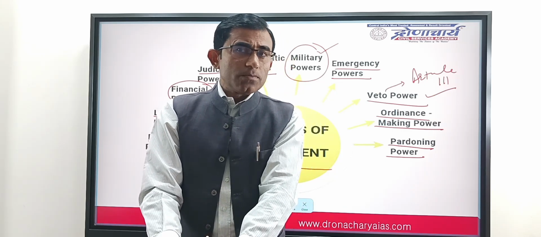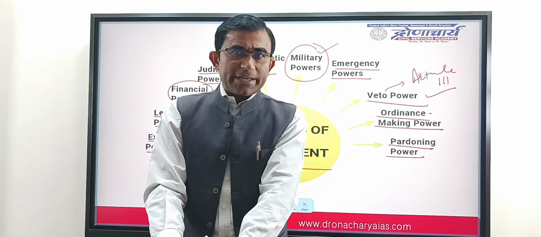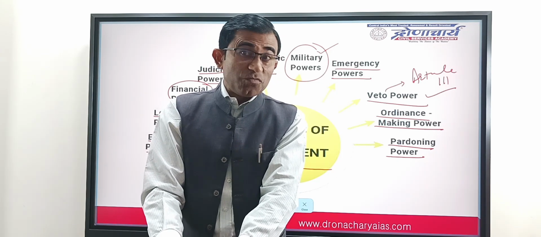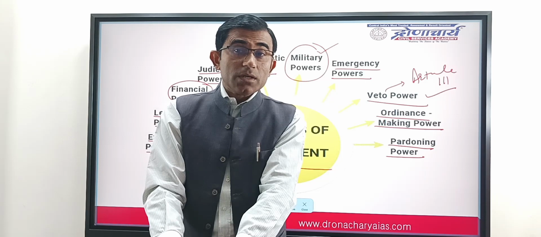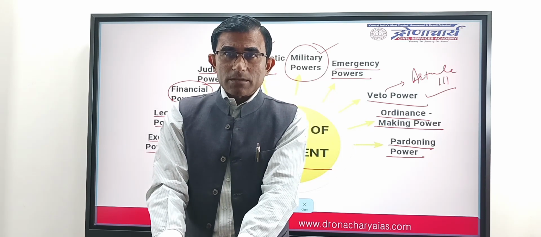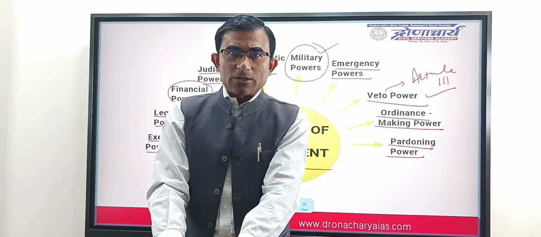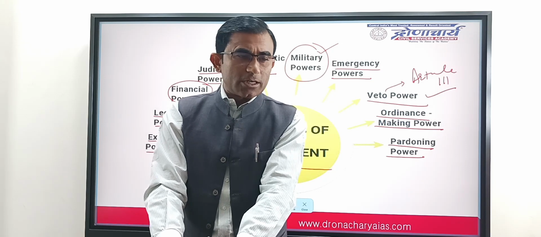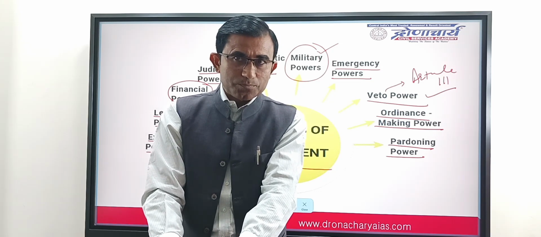Next, the difference between the pardoning power of the President and that of the Governor. Very important. By Article 161 of the Constitution of India, the Governor has the right to pardon. However, there are two major differences between the pardoning power of the President and that of the Governor of a state.